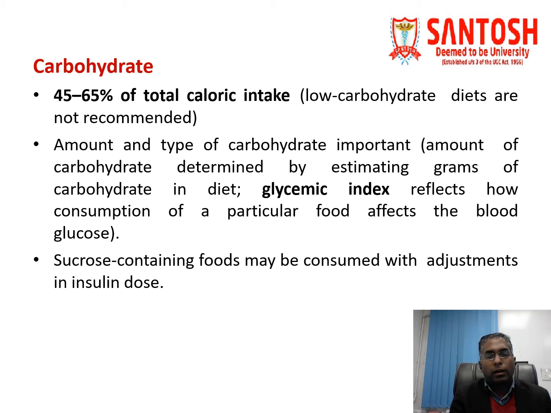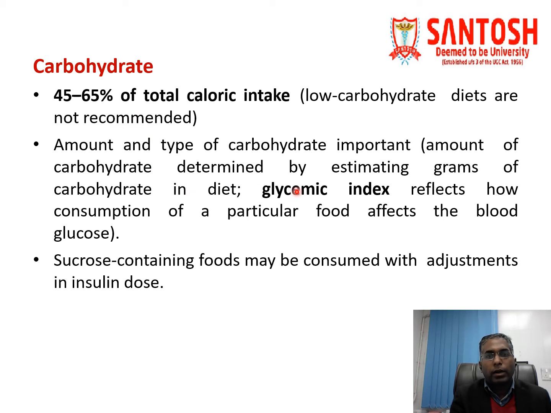Regarding carbohydrate in the diet, it should be 45 to 65% of total caloric intake. Low carbohydrate diets are not recommended, and carbohydrate consumption should be limited to 45 to 65%.